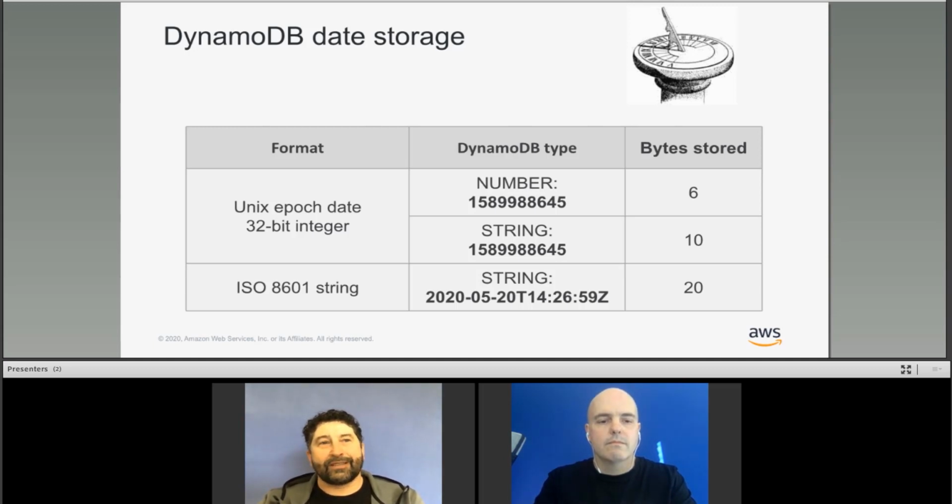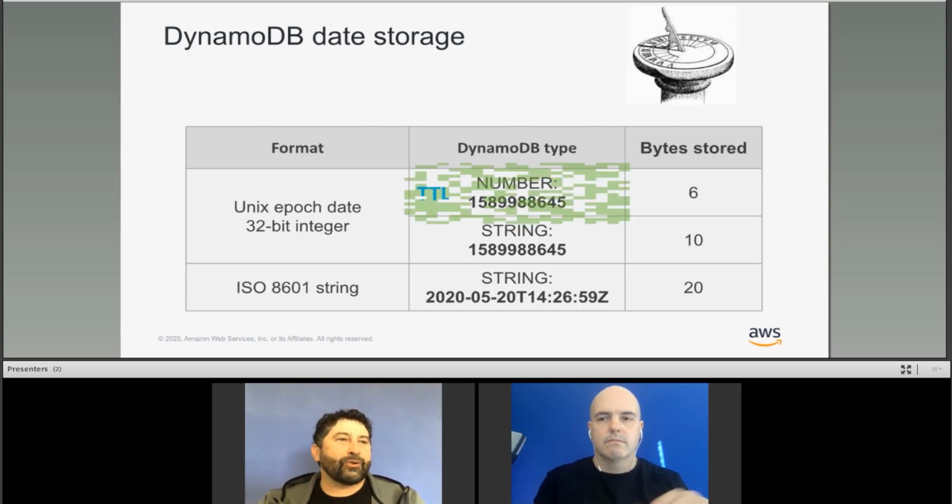When we make that choice, though, if we store it as a string, it's going to consume 10 bytes, which sounds pretty good compared to 20, right? But the number format will allow us to store that same information in only 6 bytes. And this may feel a little bit nitpicky, but as I mentioned, we have customers that are running use cases on DynamoDB that are extremely large scale, and the storage around these items does add up, and so the choice of number or string is important.